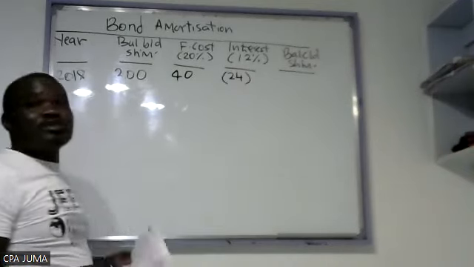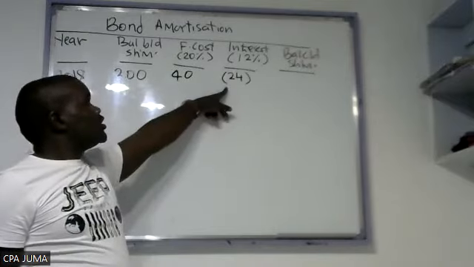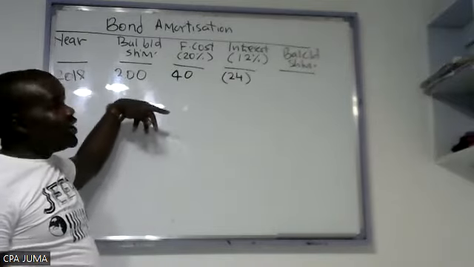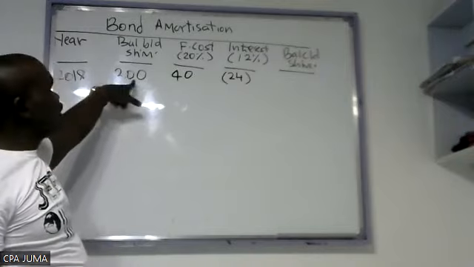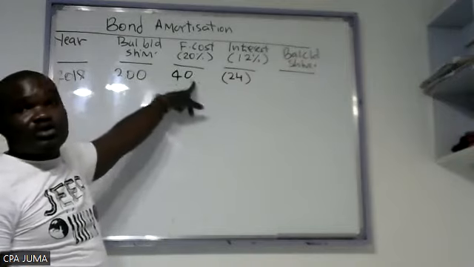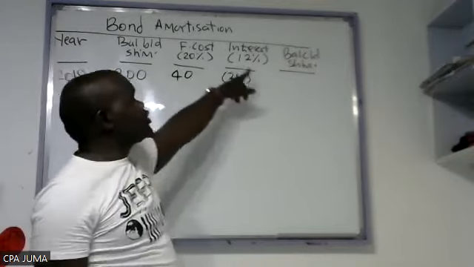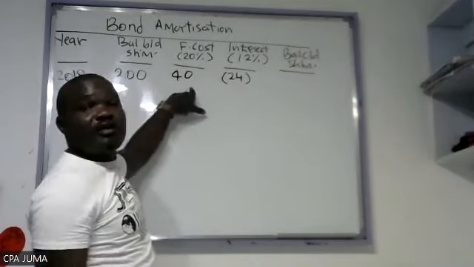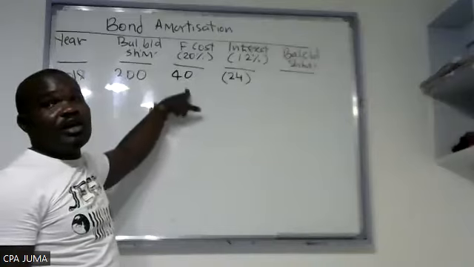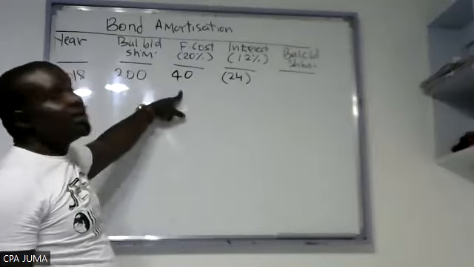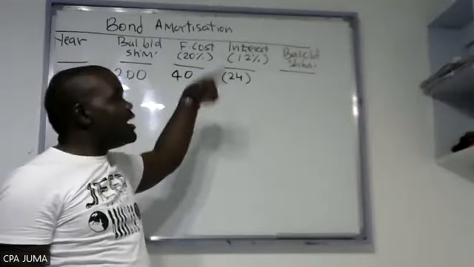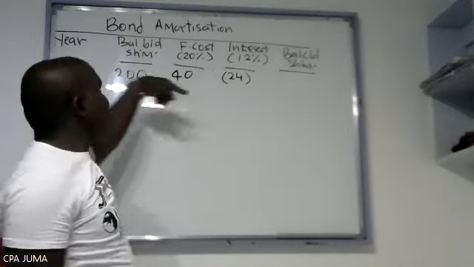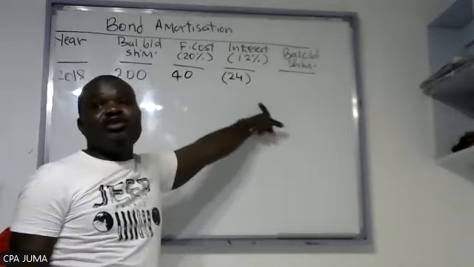So this one is always paid. So you capitalize. Capitalization means you increase. So you increase the value of the bond with the cost of financing, then you reduce it with the actual interest. So interest is always part of the finance cost. So you have to reduce this. So the balance carried down, which is the amortized cost, is this plus this minus the interest.